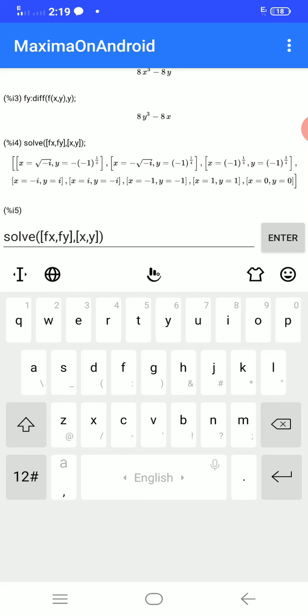So we need to see what the Hessian says at those locations. So we find the Hessian.